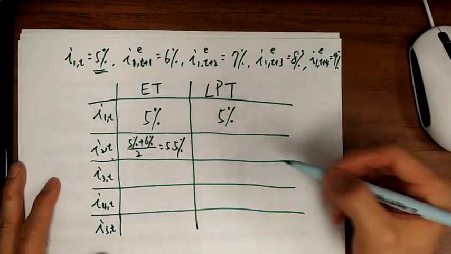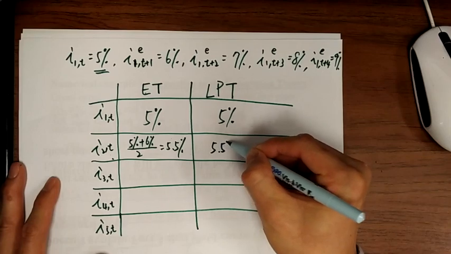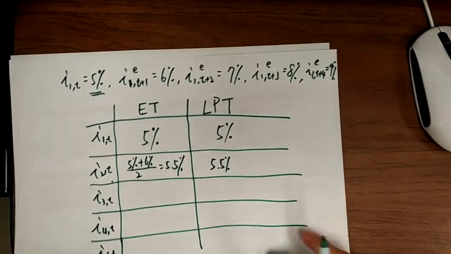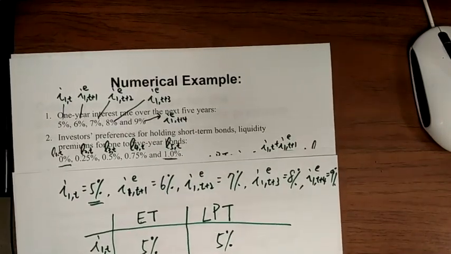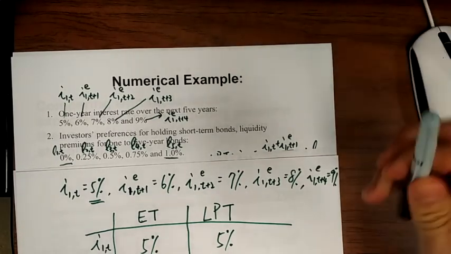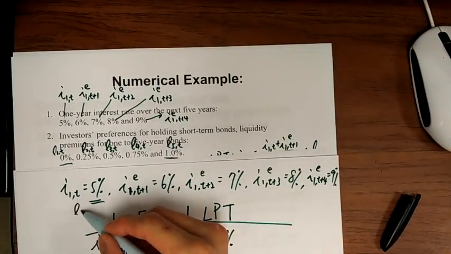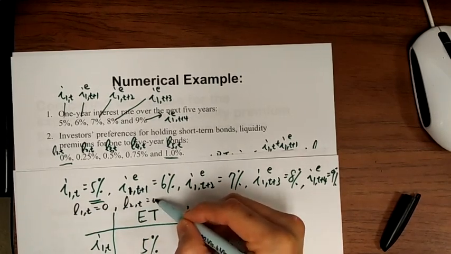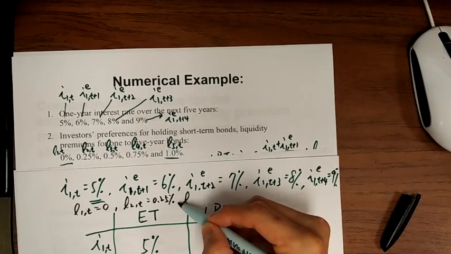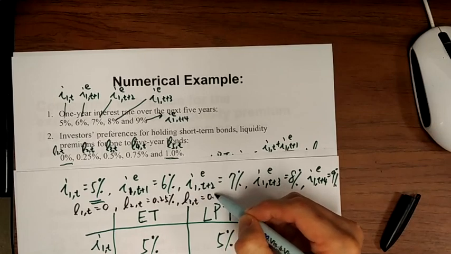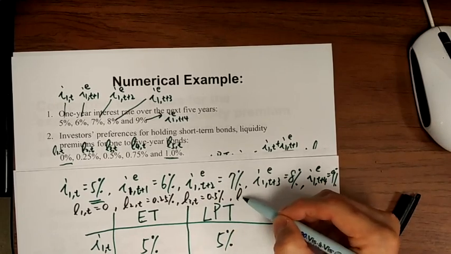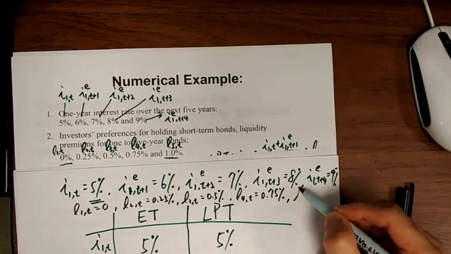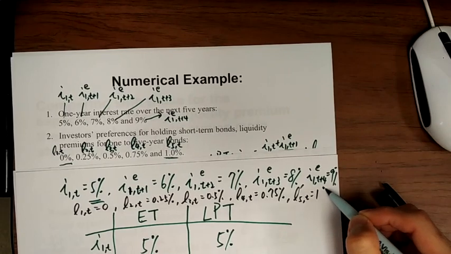But the liquidity premium theory says, in addition to this 5.5%, you have to add liquidity premium. And according to our assumption right here, 1-year bond liquidity premium is 0. 2-year bond liquidity premium is 0.25%. 3-year bond liquidity premium is 0.5%. 4-year bond liquidity premium is 0.75%. 5-year bond liquidity premium is 1%.